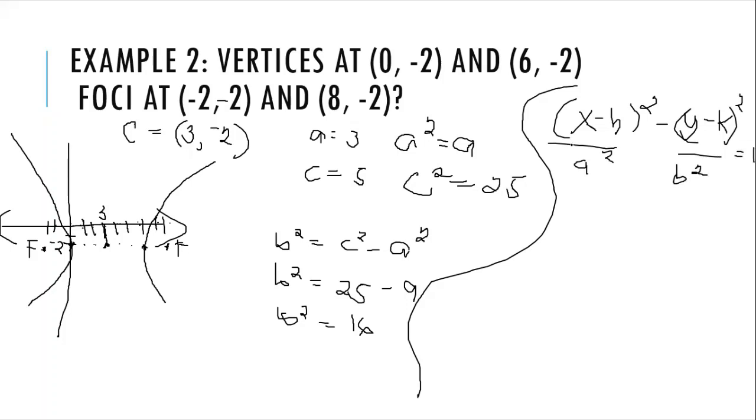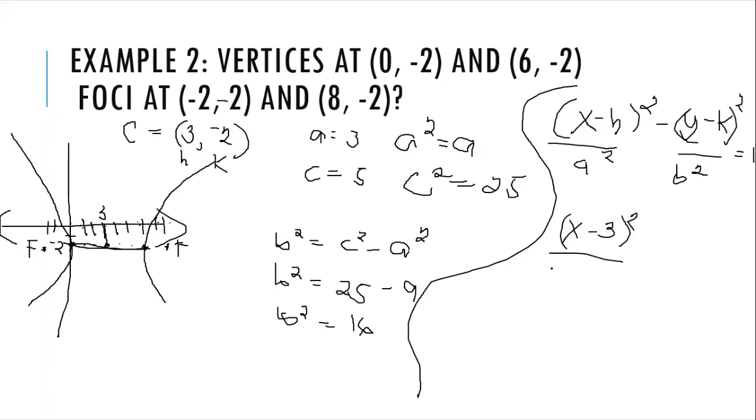So we use this standard form again because our transverse axis is in horizontal form, or under the x po. Okay, so our center, h and k. Our h is 3, quantity squared.